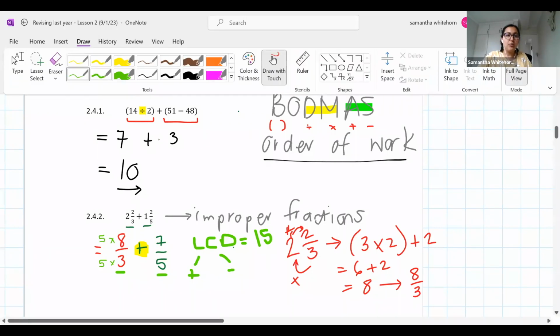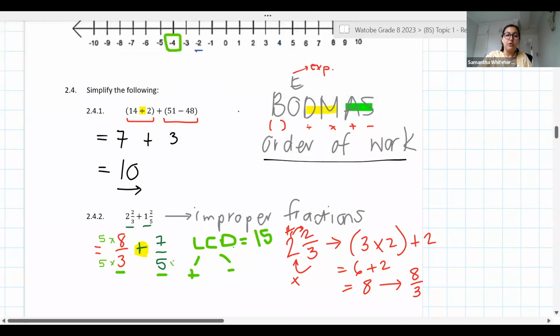So can anyone tell me, what do I need to multiply 5 by to make that denominator 15? Ntkozo, do you have a question or do you want to answer?